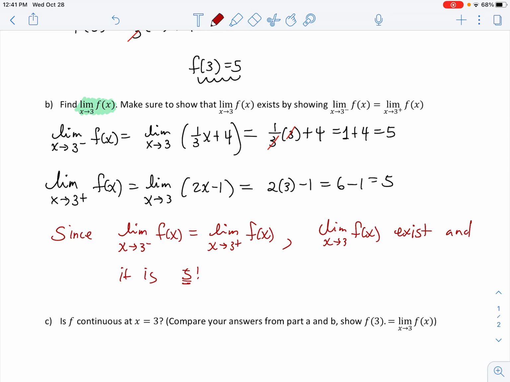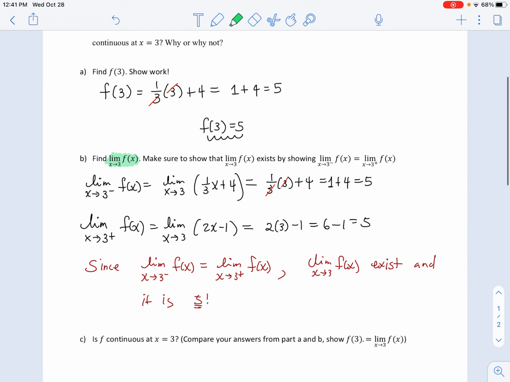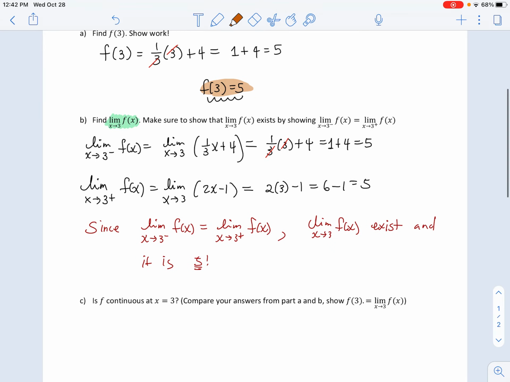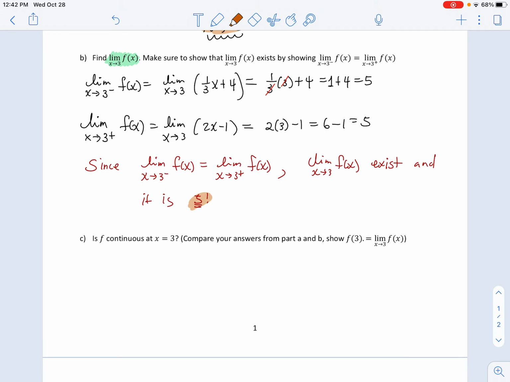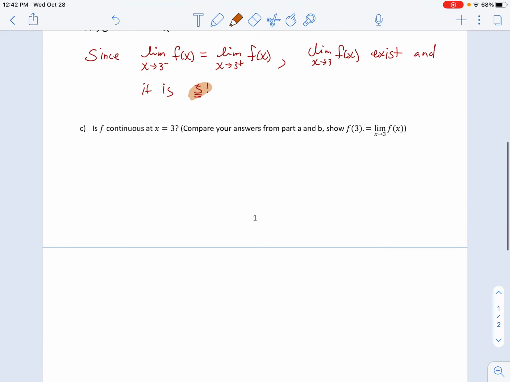Yay, we found it. Now, compare the answer that we got on part A. f of 3 was 5. The function value at 3 is 5. The limit at 3 is also 5. They are the same, right? And this is what we need to determine whether a function is continuous at this given point.